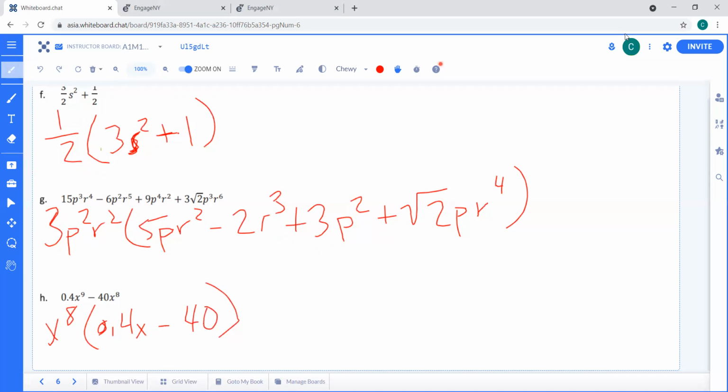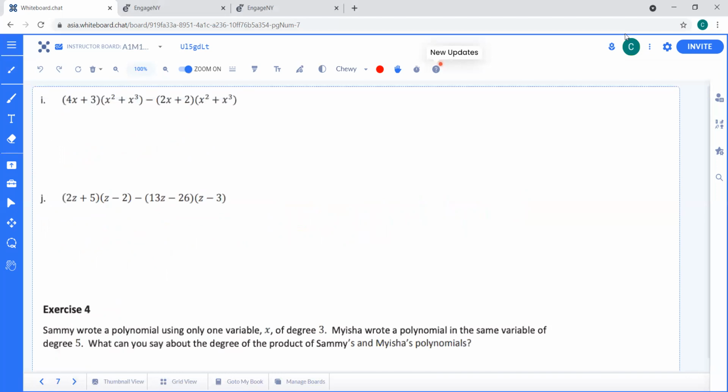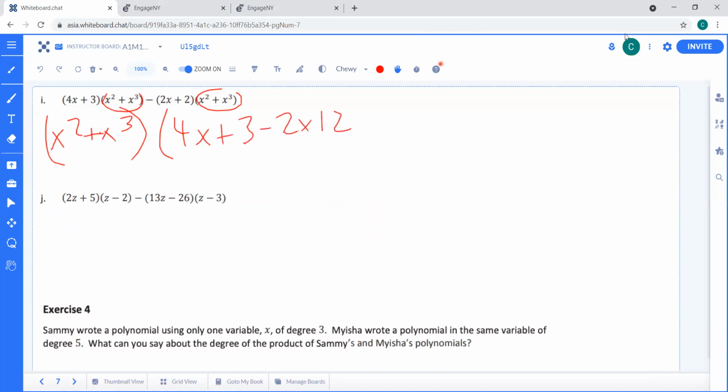That'll work too. A few more. How are we going to factor something? Okay, so these both have this common binomial, so we can factor that out of both of them. And then you're going to have to write down your 4x plus 3 minus 2x plus 2.